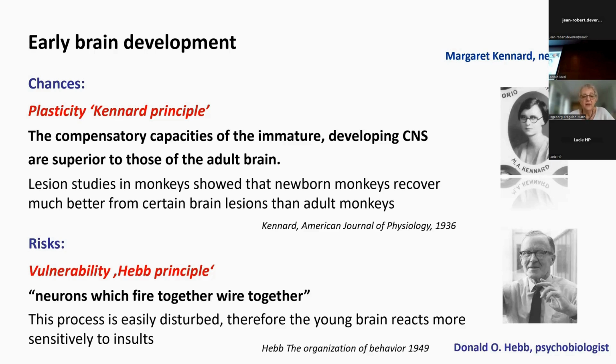On the other hand, there is the Hebb principle, from a psychobiologist from the US, who a little later had the thesis that the immature brain is more vulnerable because neurons which fire together wire together, that is his great saying, which concerns the formation of networks. And he had the idea that this process is easily disturbed, and therefore the young brain reacts more sensitively to insults.